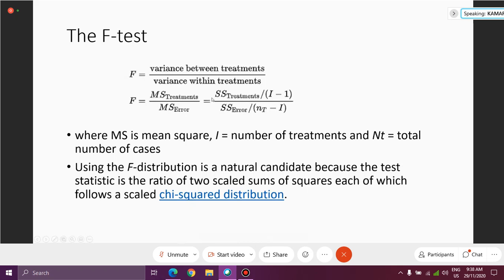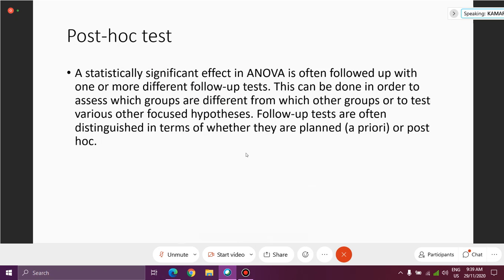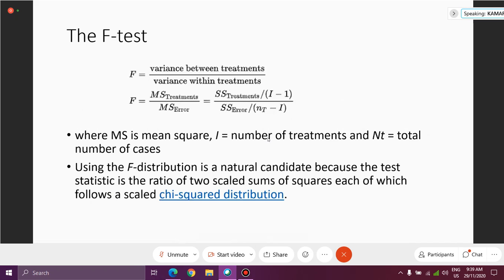You can read more about the F test on your own. So you have ANOVA, and to test the variations in ANOVA, you use the F test.